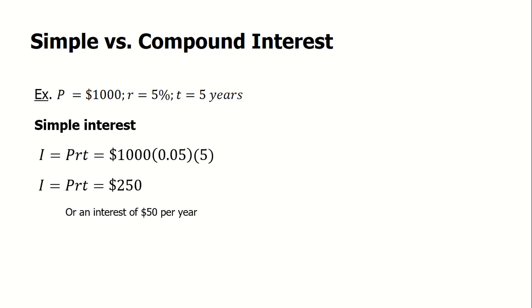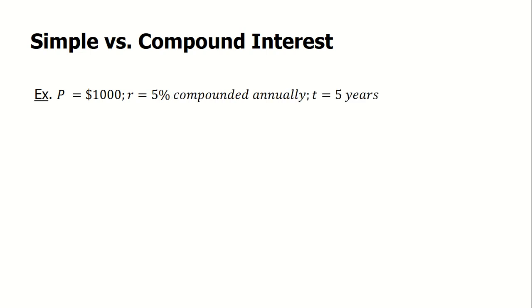So how is compound interest different from simple interest? What do we mean when we say that the interest is compounding? In problems concerning compound interest, there is usually a signal word after the interest rate. So R would be 5% compounded annually.